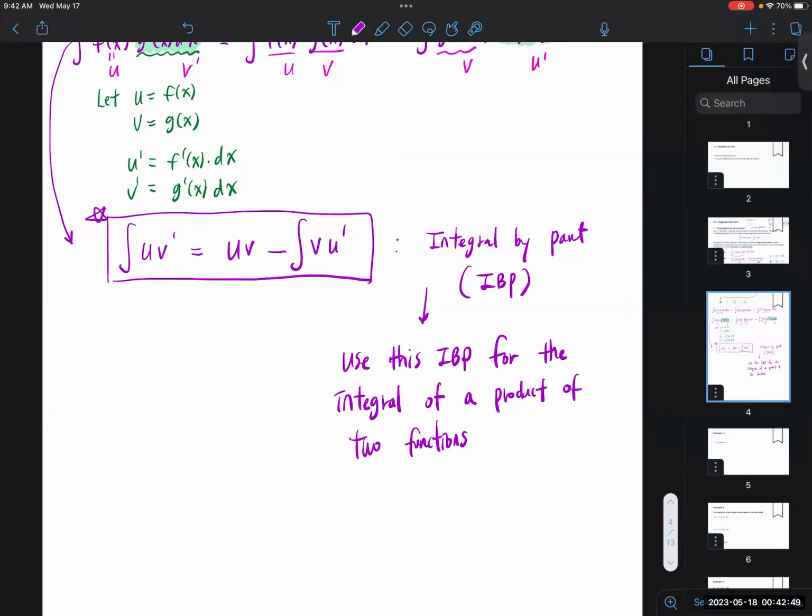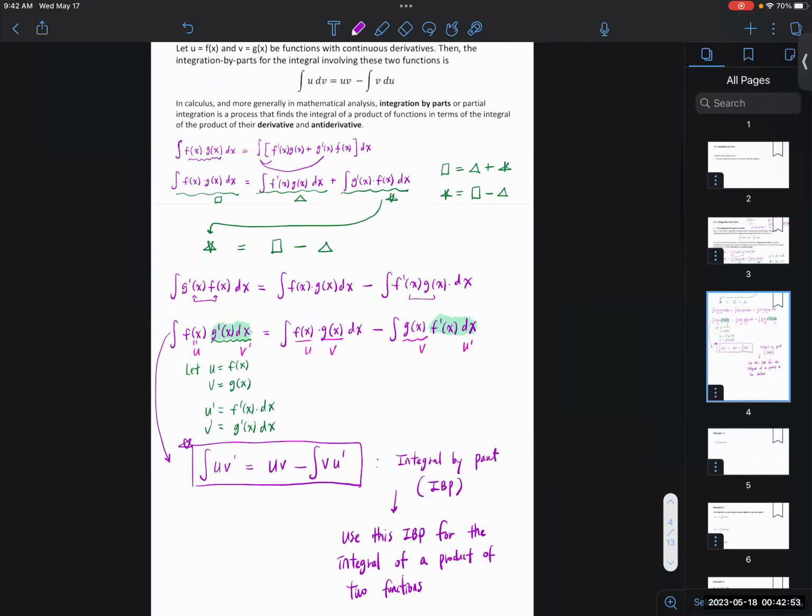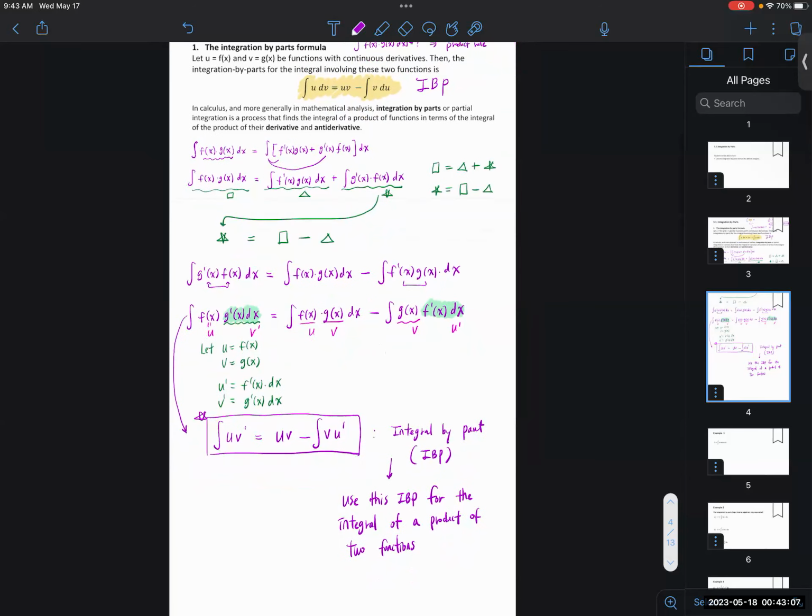So one more time, you don't need to memorize this proof. I'm just trying to convince you where and how this formula came from. We call this the integration by parts formula, especially when you are dealing with the integral of the product of two functions, like when you're multiplying two functions and taking the integral.